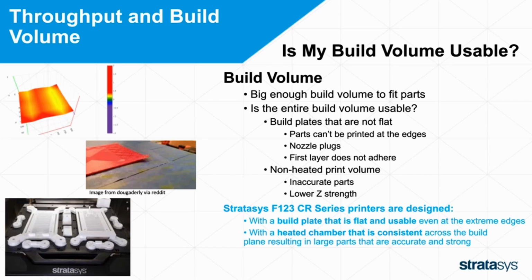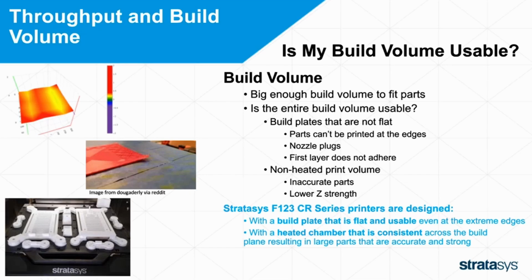You're going to have adhesion problems, and with different ways that the build plates warp and are not flat, sometimes you can have nozzles that plug because the build plate's higher at certain points than other points. First layers don't adhere, and you can't print parts at the edges.